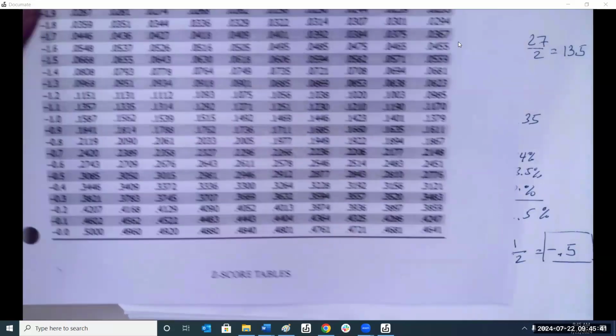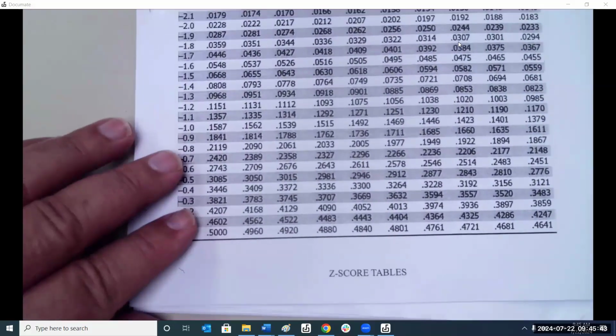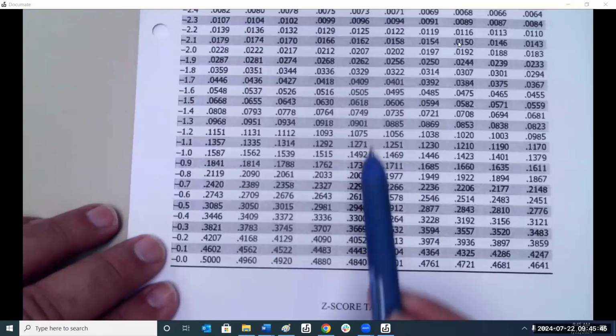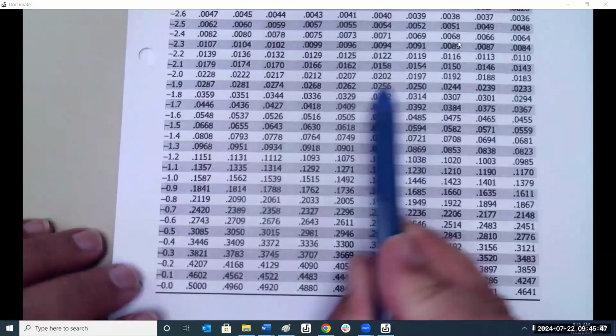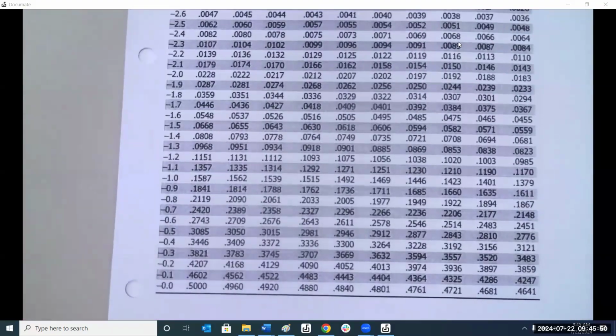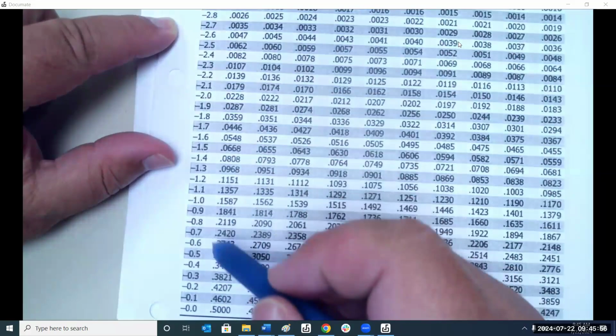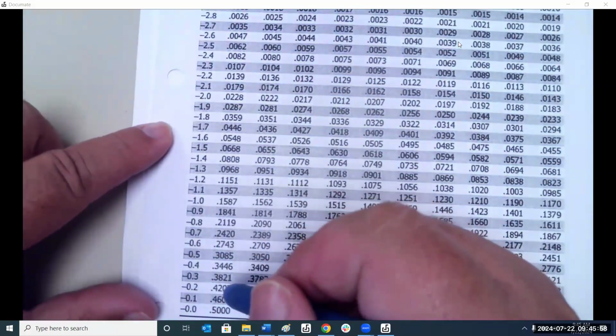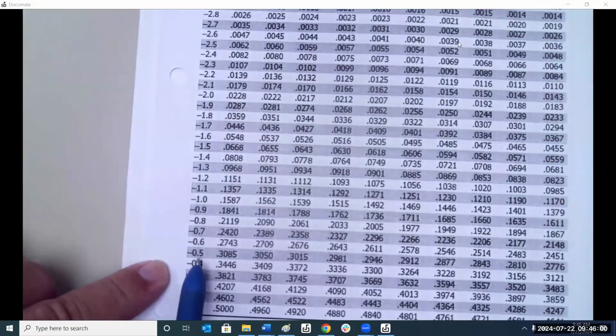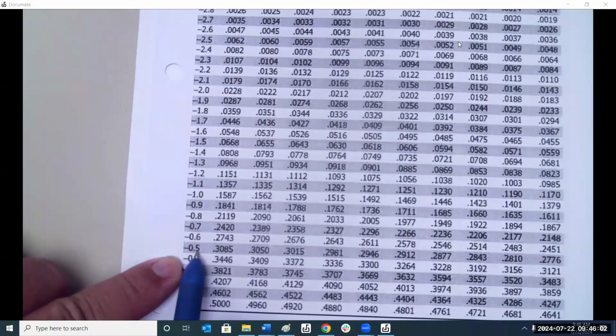The numbers inside the table are our z-score percentages, the numbers that tell us the percent. So at -0.5, we come over here.